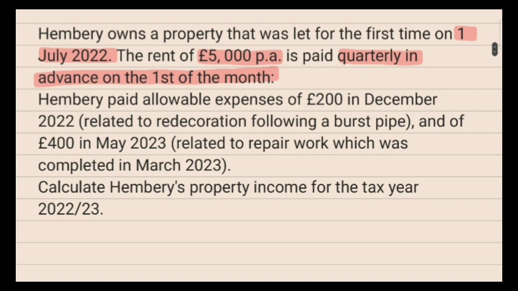Hamre paid allowable expenses of 200 in December related to redecoration following a burst pipe and of 400 in May 23 related to repair works which was completed in March 23. You have to calculate Hamre's property income for the tax year 22-23.